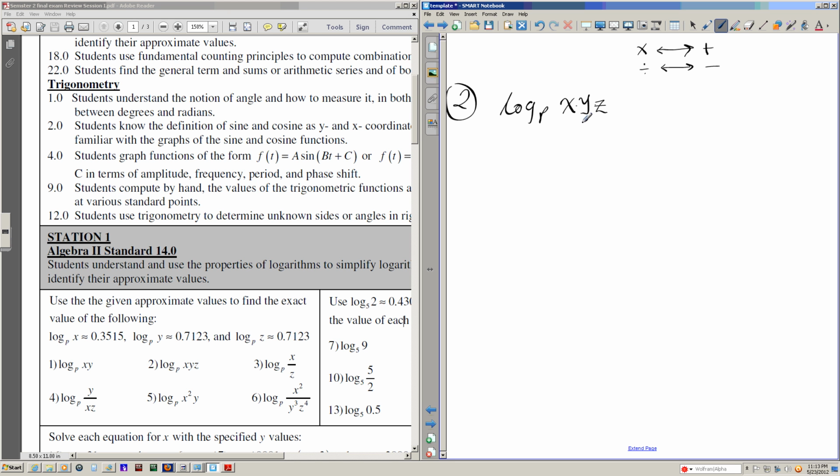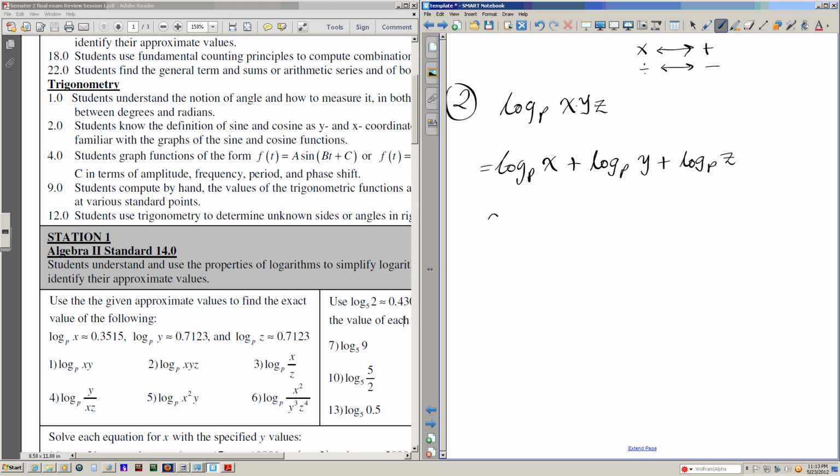So if I apply the logarithmic rules, this is going to be log base p of x plus log base p of y plus log base p of z. All right? Now that I have it all broken down, I can substitute the approximate logarithmic values and then just add.